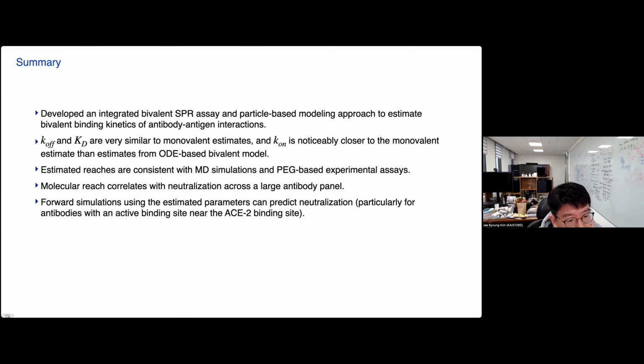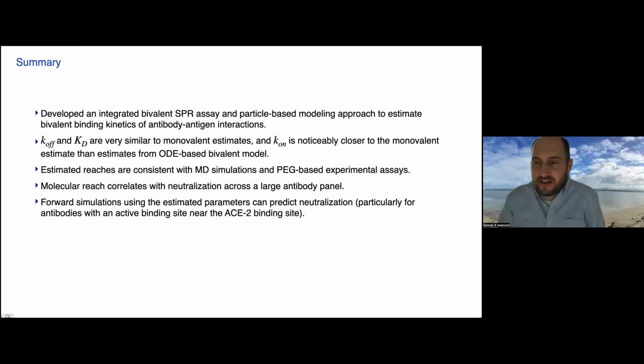So just to summarize, this is an integrated bivalent SPR modeling and experimental approach to estimate these binding kinetics and this biophysical reach parameter. Our model is very consistent with the classical monovalent model for these parameters it can estimate, but it gives us this extra information. In particular, this molecular reach, or this distance at which an antibody that's singly bound to an antigen can bind another antigen, seems to be the thing that best predicts neutralization and best correlates with the neutralization.